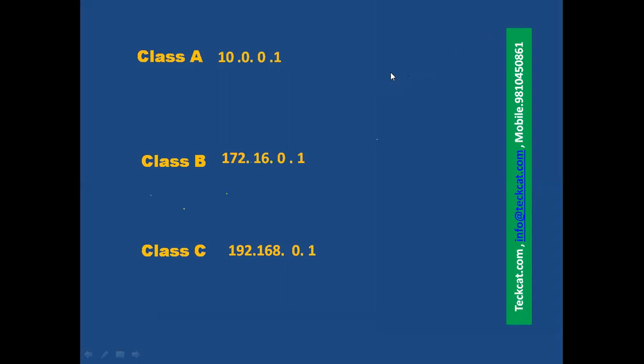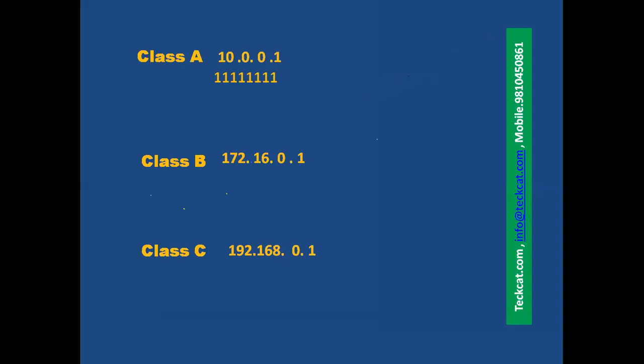So in class A, how many network bits are there? Yes, Mr. Thomas, eight network bits. So this is called 8 network bits.